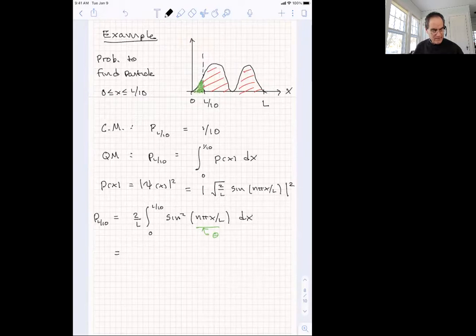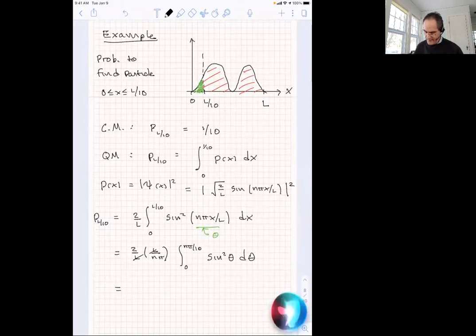So what we'll get in this case will be 2 over L. We'll have a factor of L over n pi times our integral, which now looks like the integral from 0 to n pi over 10 of sine squared theta d theta. And the result of this, just using what we found before, is the following. Also canceling these factors of L, we have 2 over n pi.